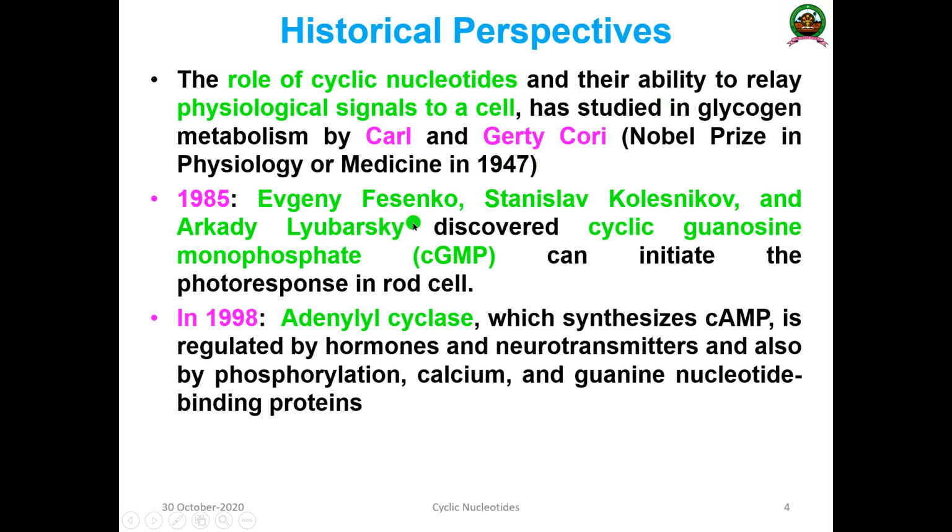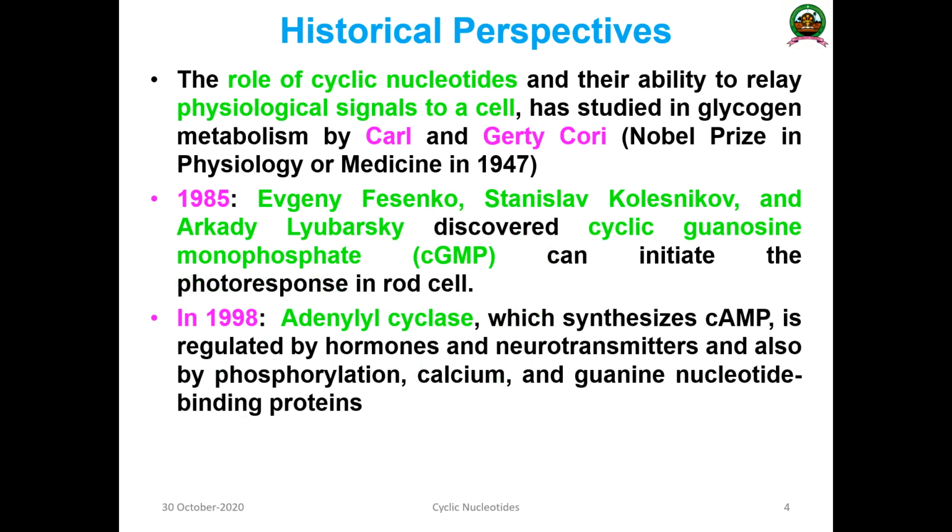Later, about 40 years later, in 1985, the study was continued, and cyclic GMP was reported by three scientists, Evgeny Fesenko, Stanislav Kolesnikov and Arkady Lyubarsky. They discovered that cyclic guanosine monophosphate, cGMP, can initiate the photoresponse in the rod cell present in our eye.